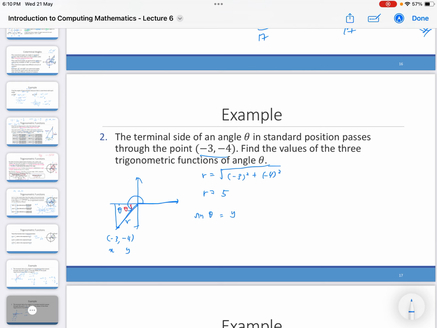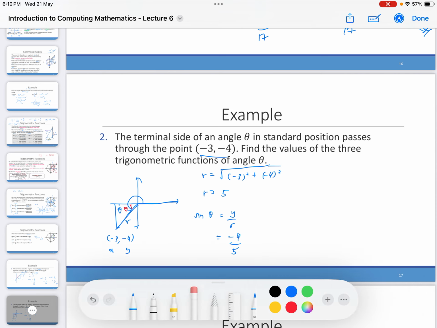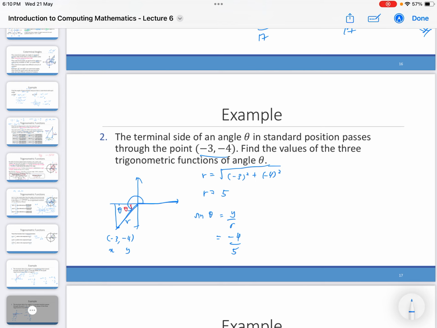Sine theta equals y over r, which is -4 over 5. Cos theta equals x over r, which is -3 over 5, and then tangent theta equals y over x. So y is -4, x is -3, which is 4 over 3.